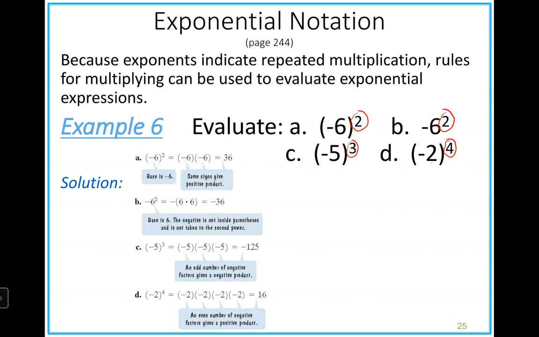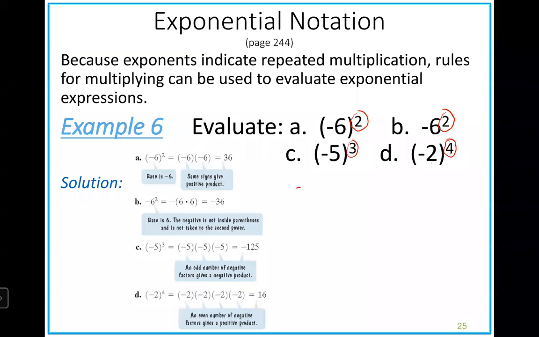So we're going to look at how to approach these, because we are multiplying. In each case, we are looking at negative numbers and we are raising them to a certain power. So we're still doing multiplication here. So the first one is -6. So you'll see it here.